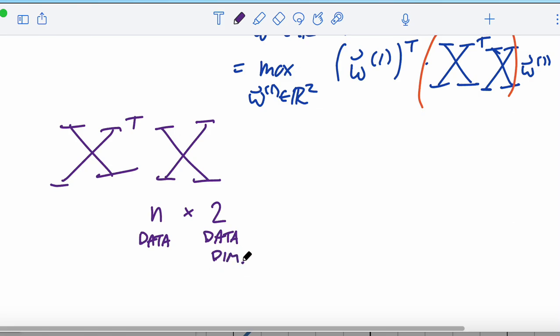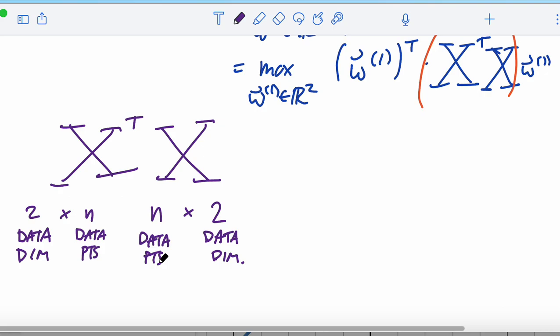X transpose, when you transpose it, becomes 2 by n, right? It's two data dimensions by n data points. Let's say points, because size could mean dimension as well. Points, the number of data points. So when you do this, you're adding up over these n data points.